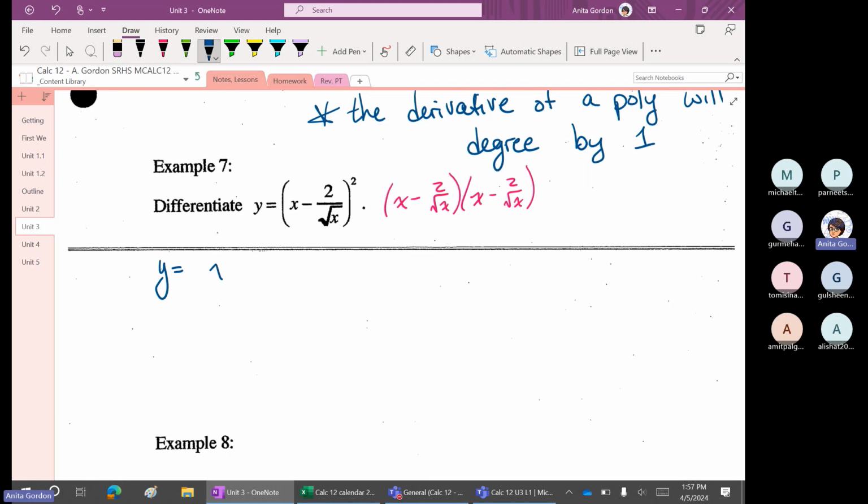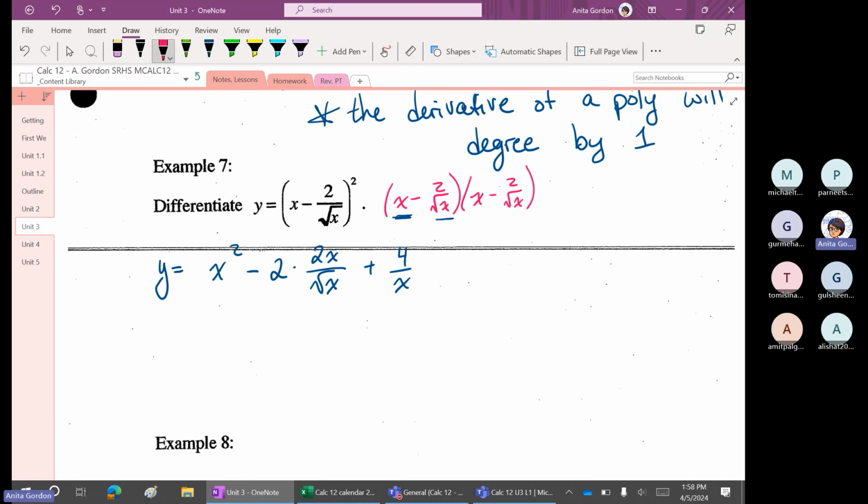This will give me x squared minus 2 times 2x over root x plus 4 over x. The first term squared, the last term squared, and the middle term is 2 times the product of A and B, right? The product of the first and second term.